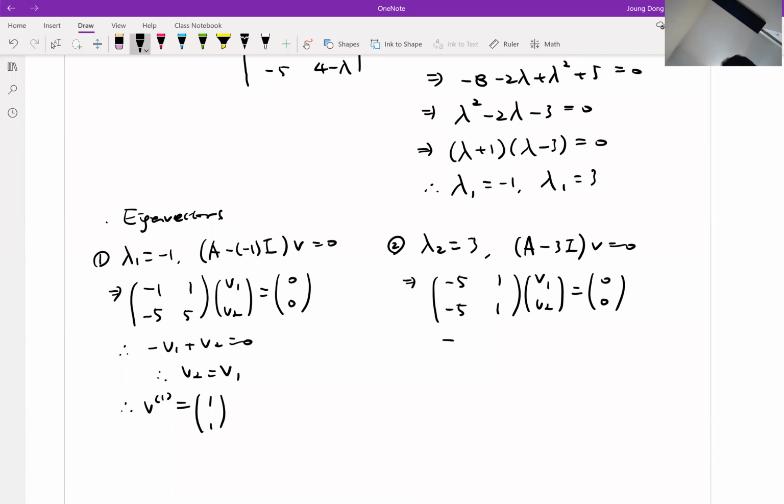Then from this, we can easily find minus 5 v1 plus v2 is equal to 0. I can say v2 is 5 v1. Then my second eigenvector is 1, 5.